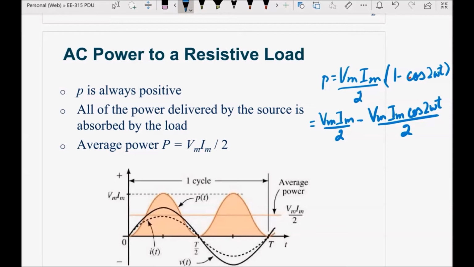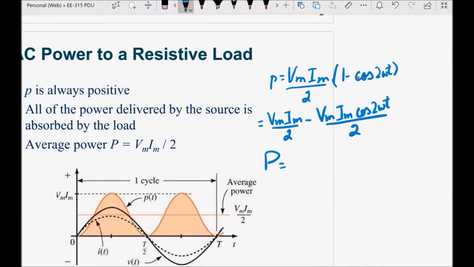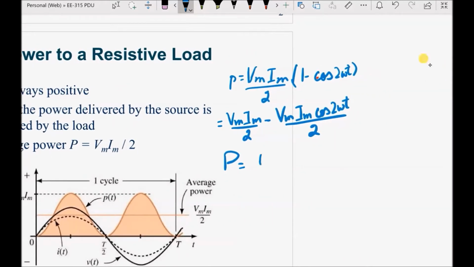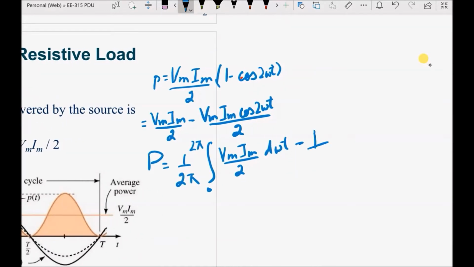The average power P is going to be equal to 1 over 2 pi integral for the complete cycle of Vm Im by 2 d omega t, minus 1 over 2 pi integral 0 to 2 pi of Vm Im cos 2 omega t by 2 d omega t.